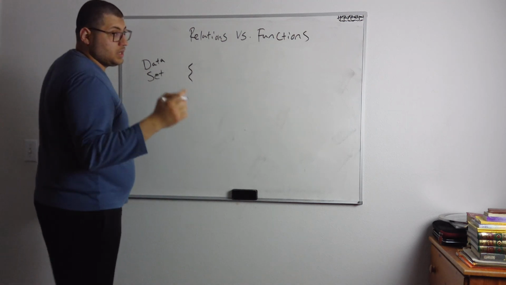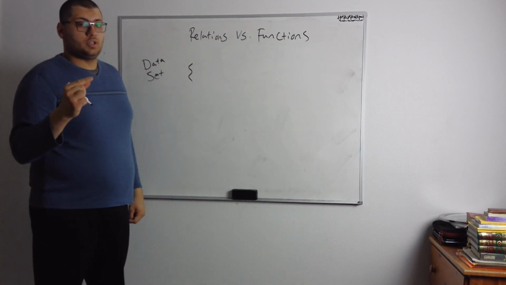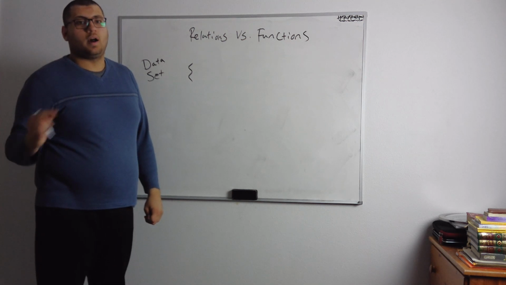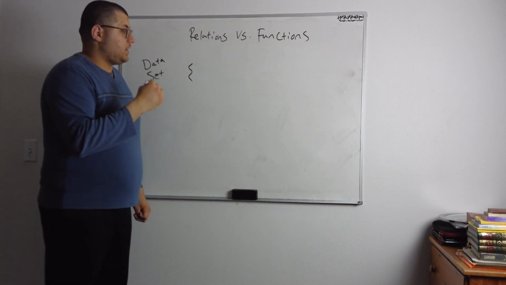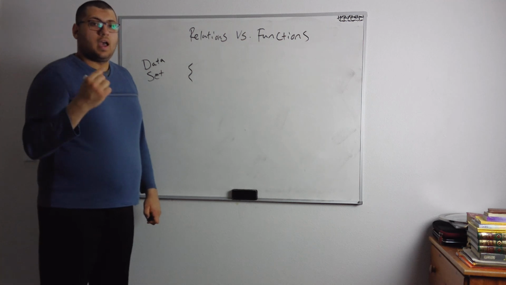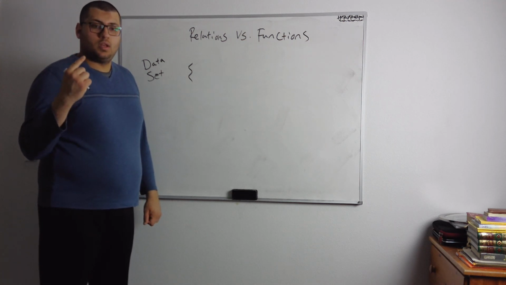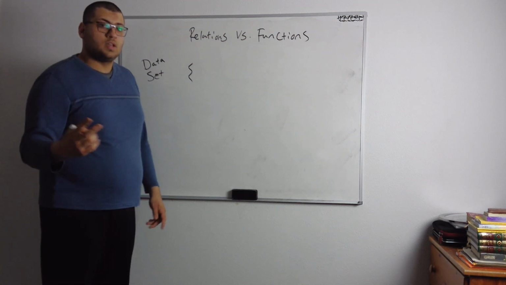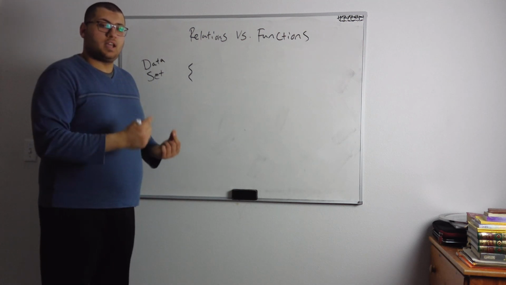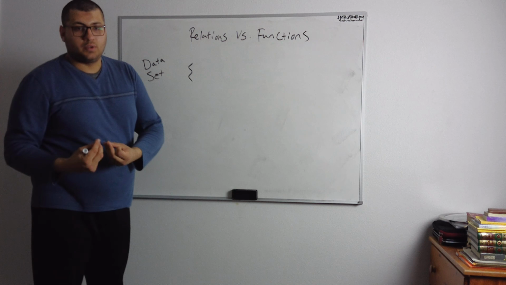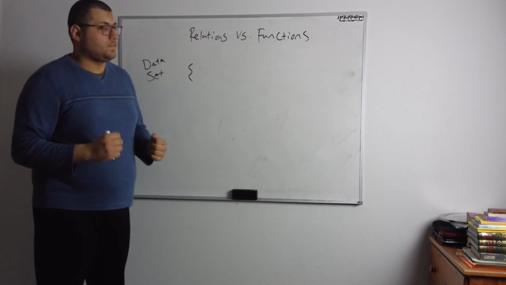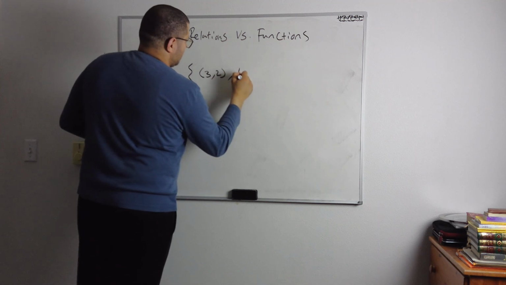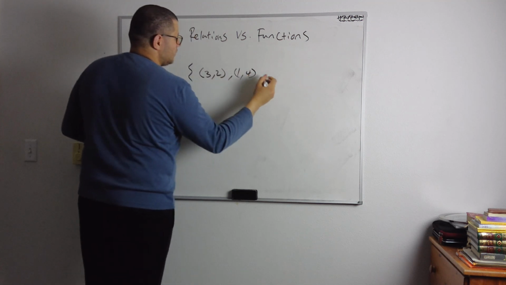Remember, we said for a function, each x value has its own y value. If one x value has two different y values, it's a relation. But if one x value has one y value, then it's a function.